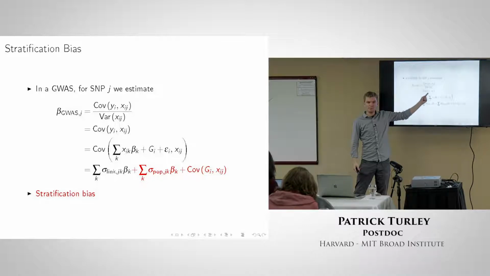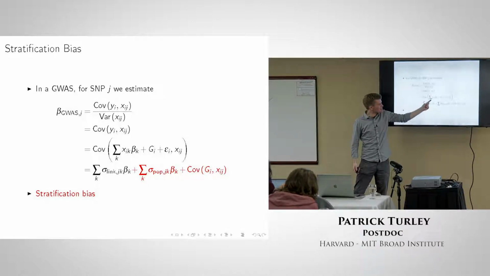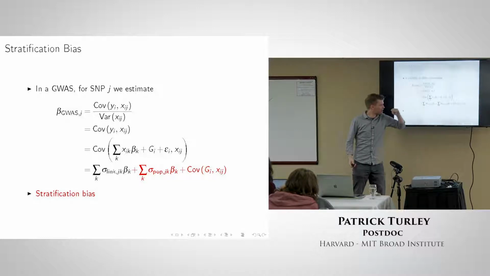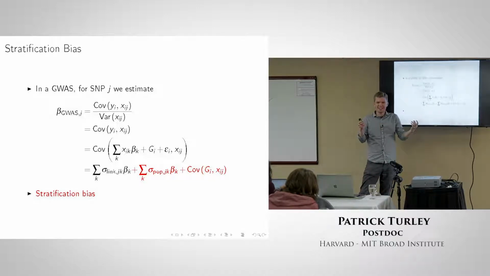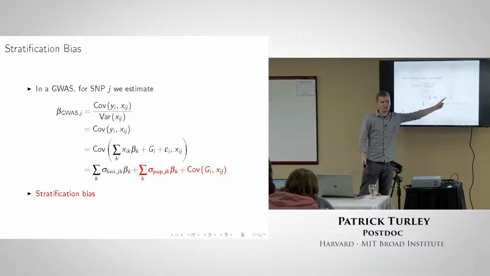I'm going to then substitute in what we said y was equal to here. So when we substitute that in, we have this. And then covariance is, I think it's biadditive. I think there's a term for it, but it's not, sorry? Bilinear, that's what it is. Which means that we can distribute this covariance through all the sums.